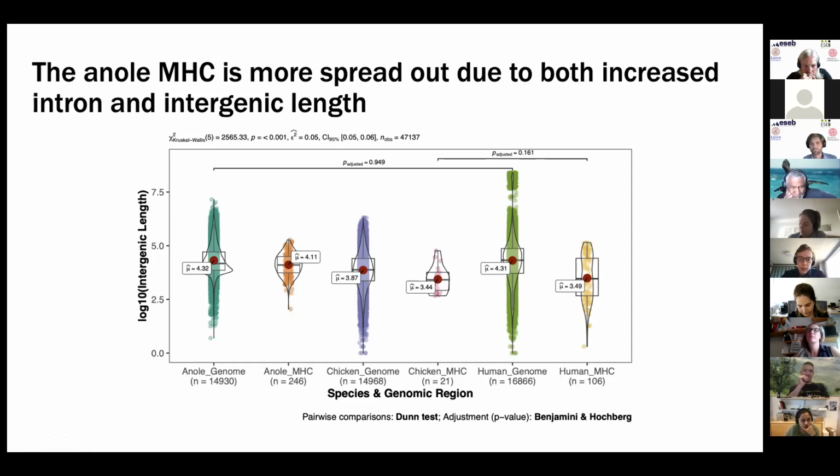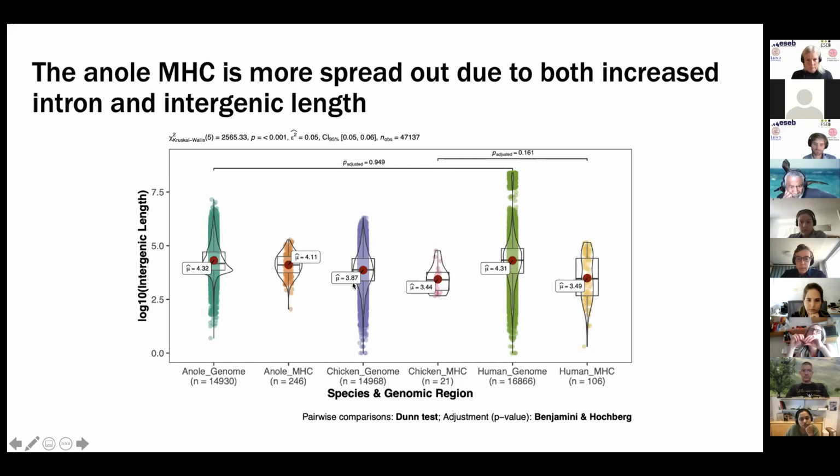What we see in chicken and human is a decrease in intergenic length between the whole genome and the MHC. We see the same thing in anole, but it doesn't decrease by as much.